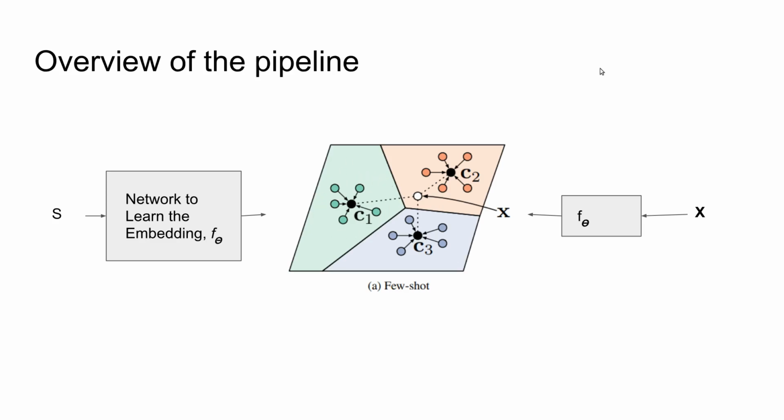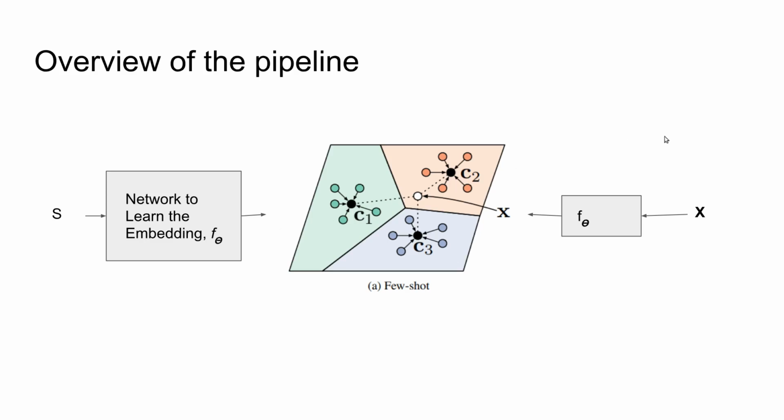Then it computes the mean of those points and says that this mean is the prototype of this class. So this prototype is basically a class representative of the training examples.